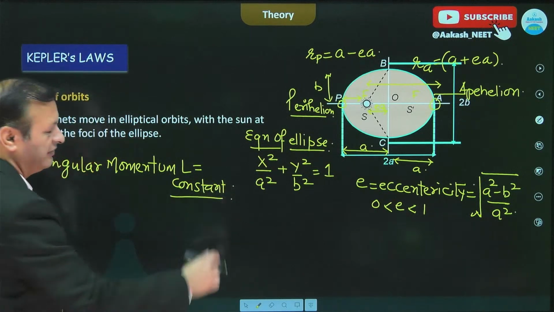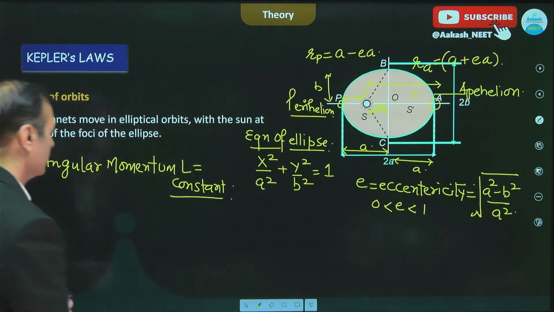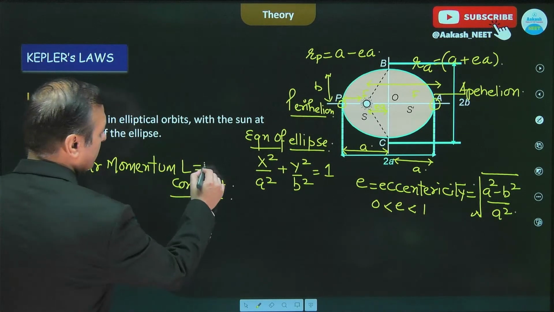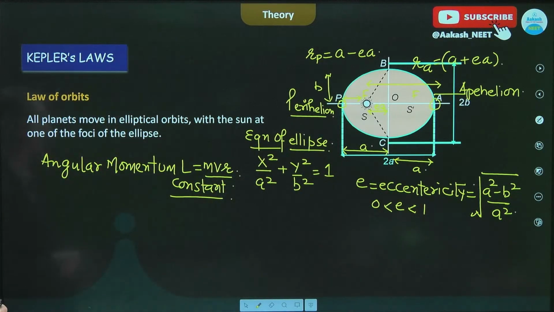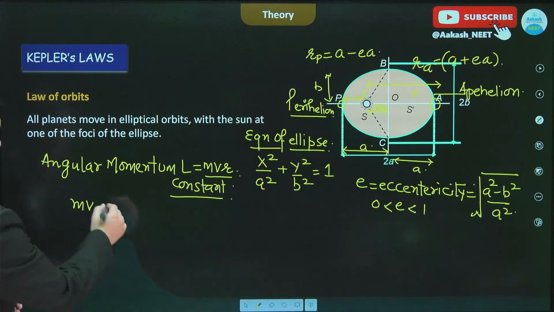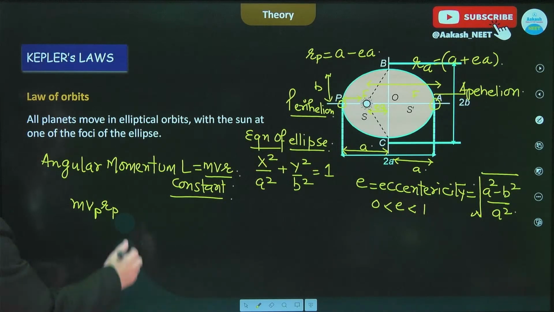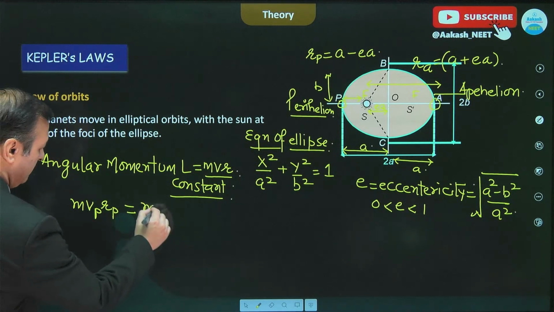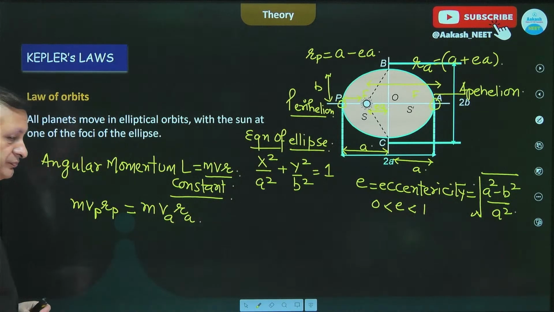So let's apply this angular momentum at perihelion and aphelion position. Angular momentum is given by mvr, and that remains constant. So at perihelion position, m is the mass of the planet, velocity at perihelion position Vp, and Rp, that is at perihelion, is equal to m Va Ra at aphelion position.